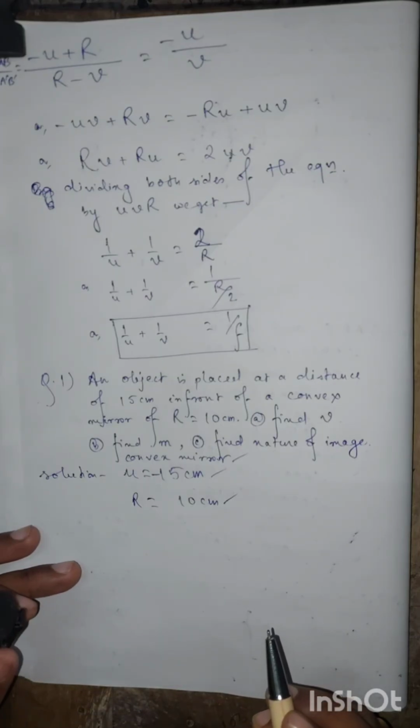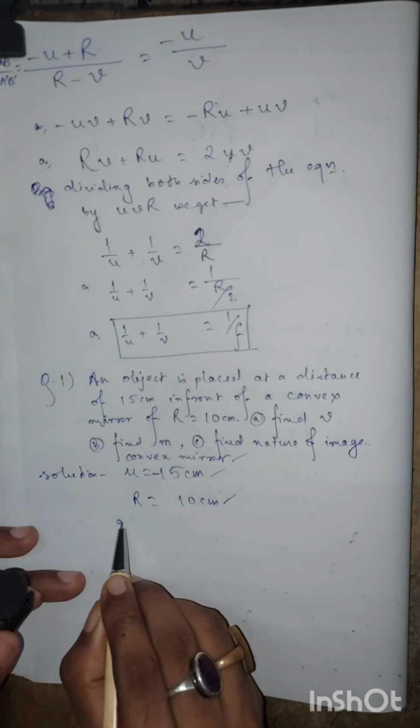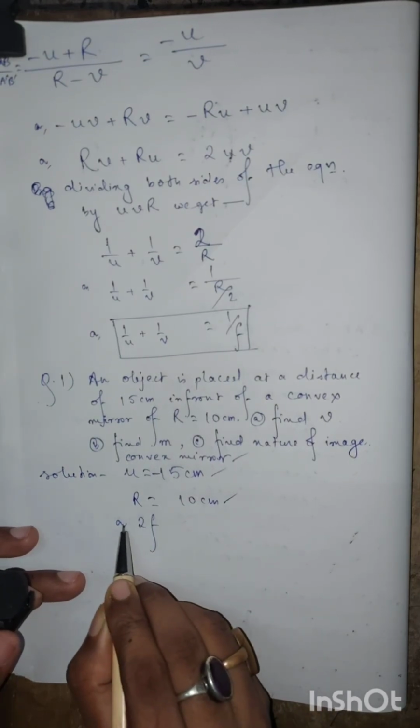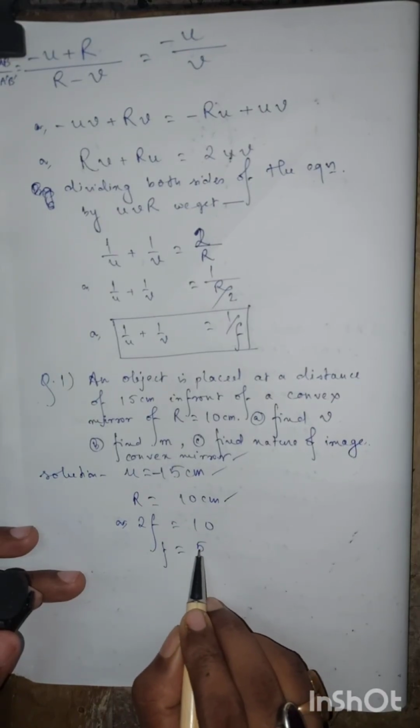Now we can say that R is equal to 2f, which is equal to 10. So f is equal to 5 centimeter.